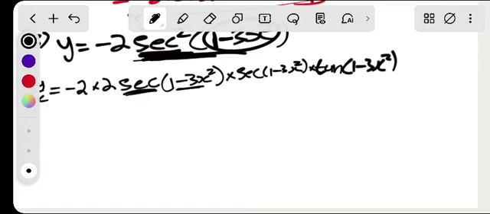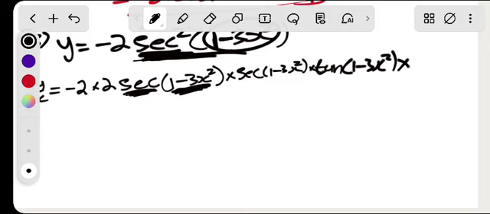You differentiated this, then you come to the inside. Now you differentiate the inside, you multiply that by the derivative of 1 minus 3x squared. The derivative of 1 is simply 0, relieve that. You multiply by the derivative of minus 3x squared.